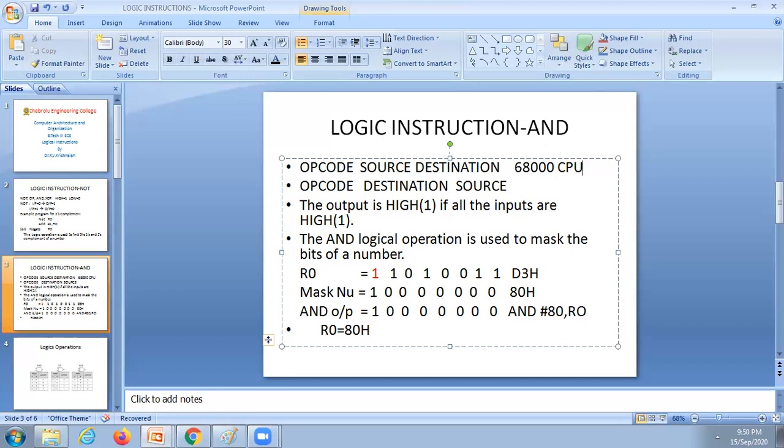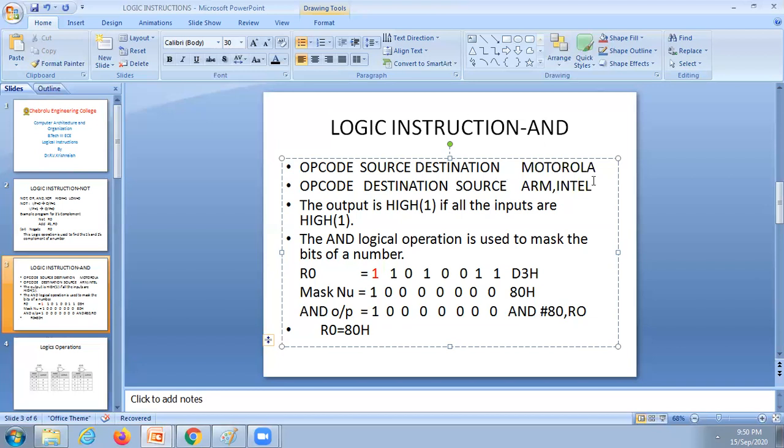Simply I will say Motorola will follow this, whereas the other format will be followed by ARM processor and Intel processor. Why? Because these three are in the syllabus. Sometimes the instructions are using this one, sometimes this.